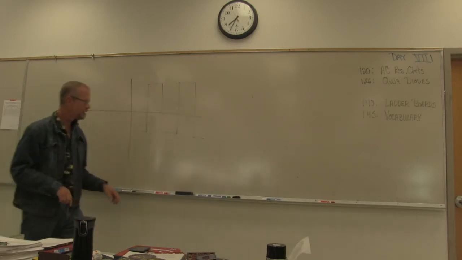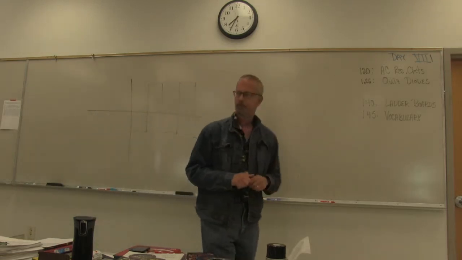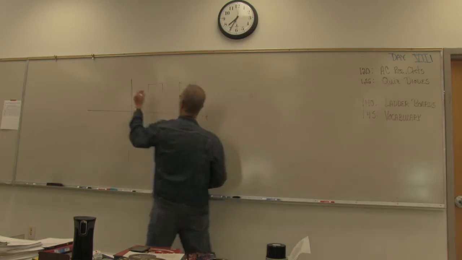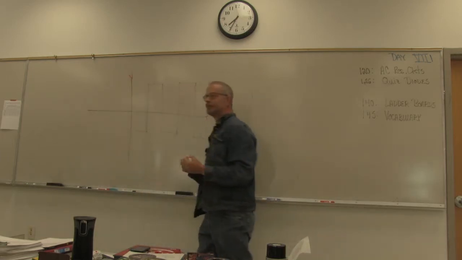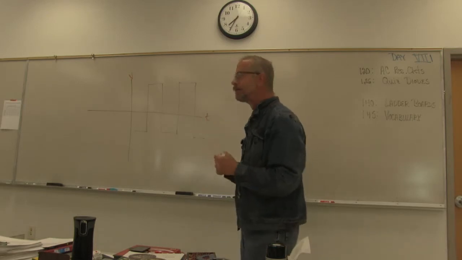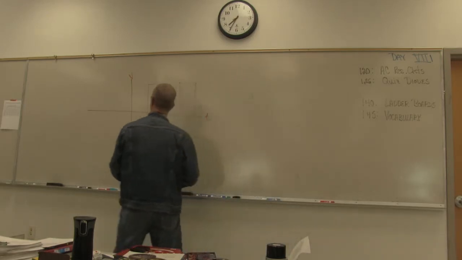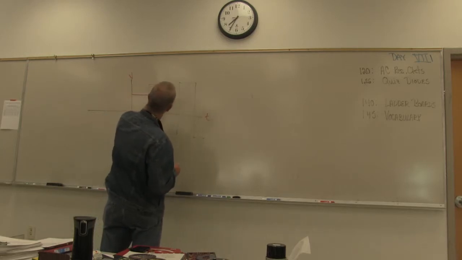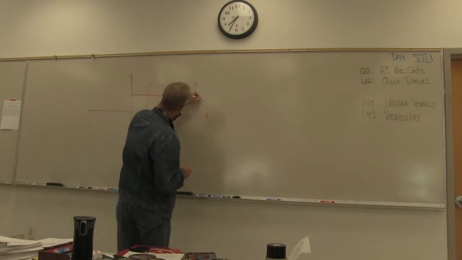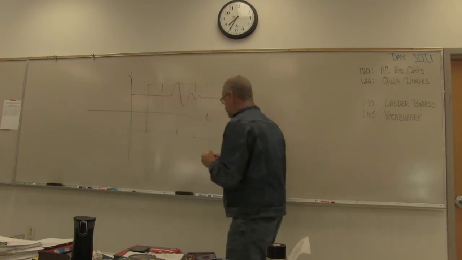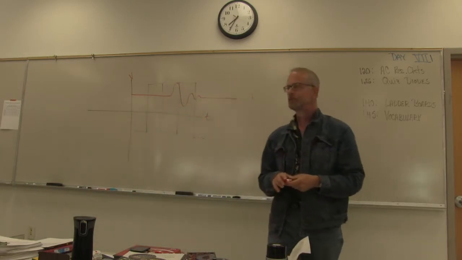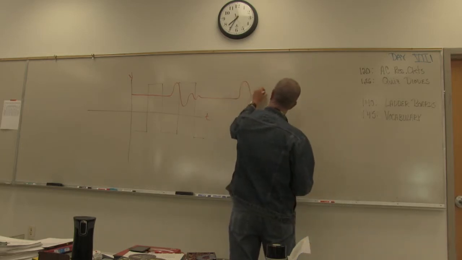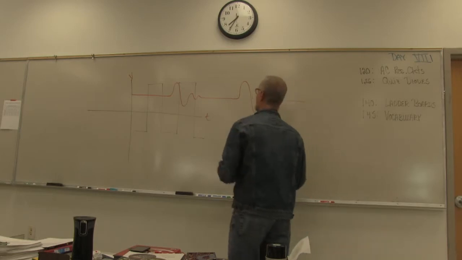Is that DC or AC? AC. Assuming that this is time and this is voltage. What'd you say? AC. Is this DC or AC? Assuming that that repeats over and over again, has a period.